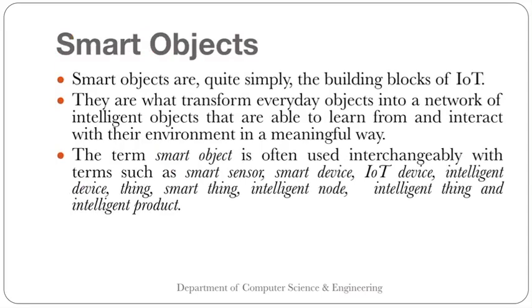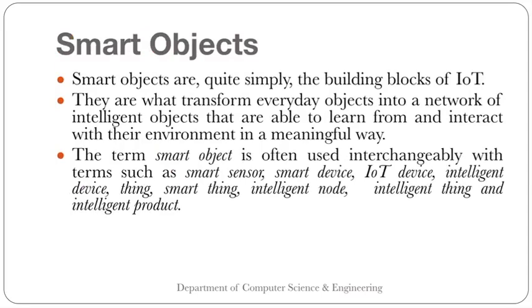Then let's discuss smart objects. Smart objects are quite simply the building blocks of IoT. They are what transform everyday objects into a network of intelligent objects that are able to learn from and interact with their environment in a meaningful way.